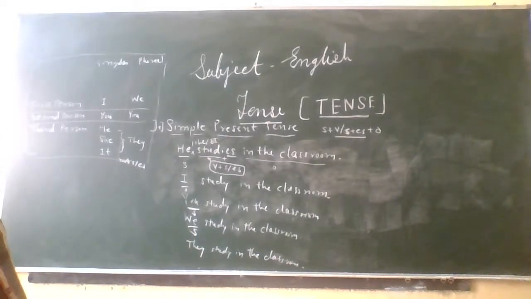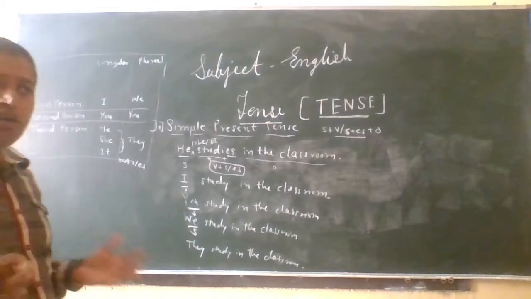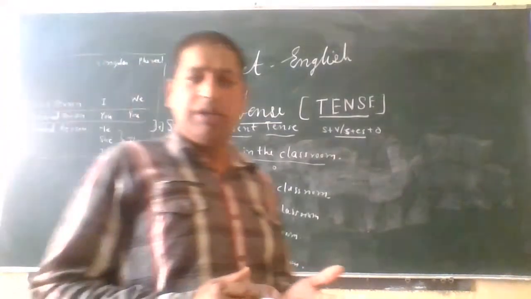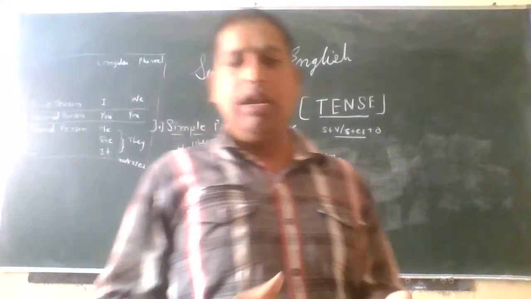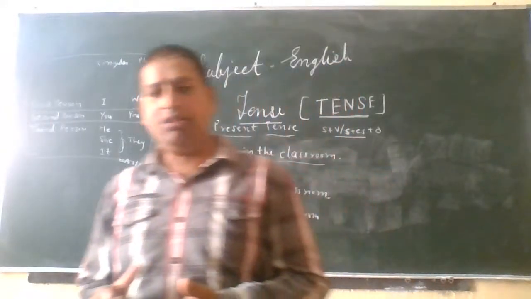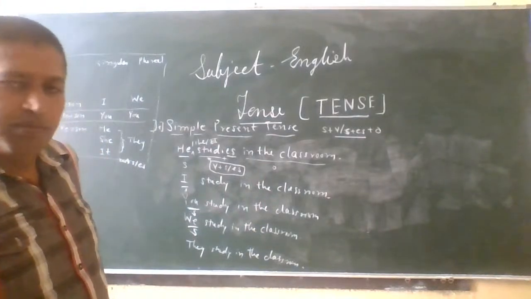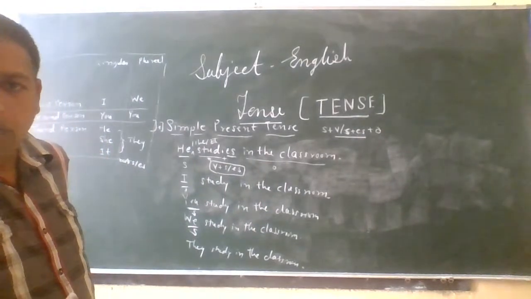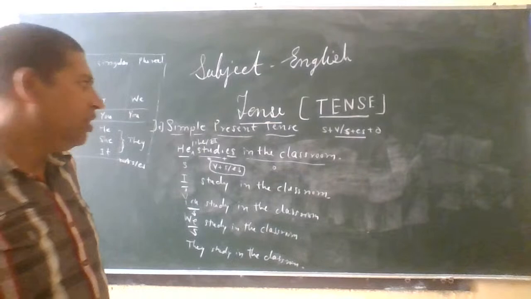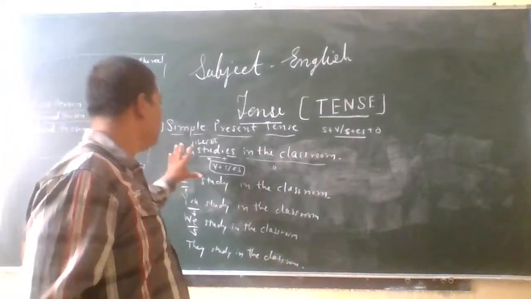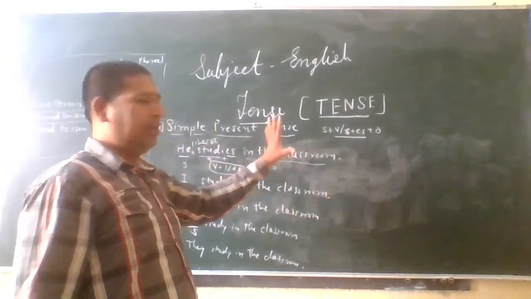So you can understand about habitual action. What do I do? I get up, I take my breakfast, I take my lunch, I take my dinner, I attend the program, I come from my home. In this way, you can understand these very simple sentences.